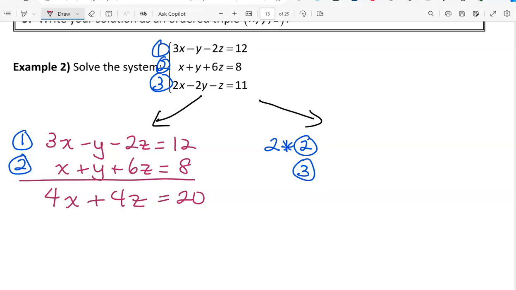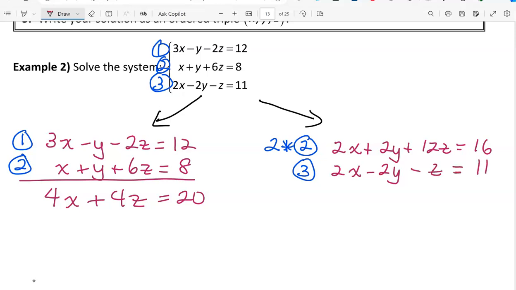So if we take all the terms in equation 2 and multiply by 2, 2x plus 2y plus 12z is equal to 16. And then I'll bring down equation 3, 2x minus 2y minus z is equal to 11.